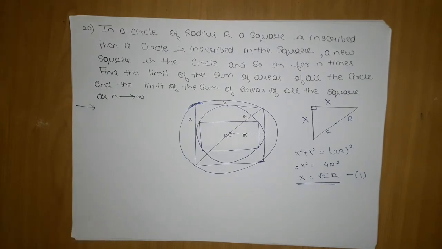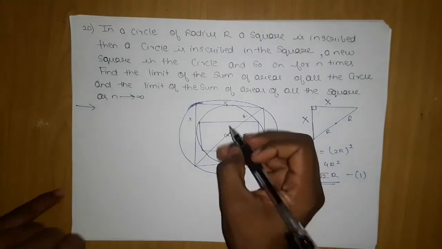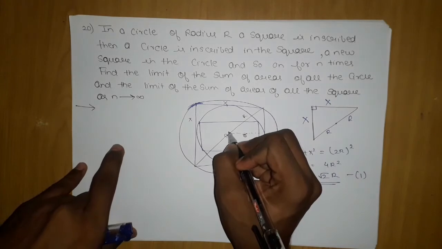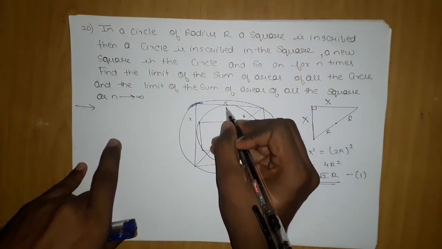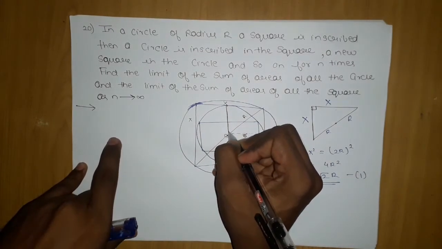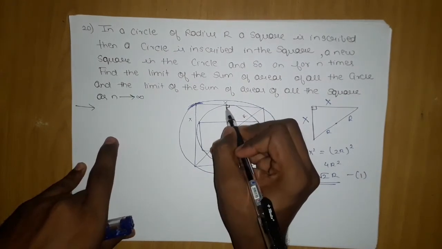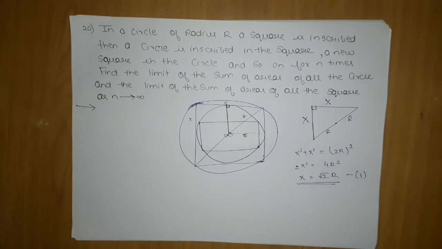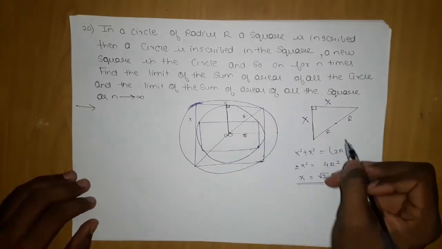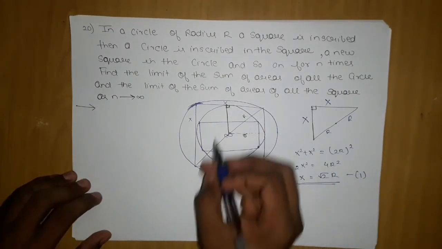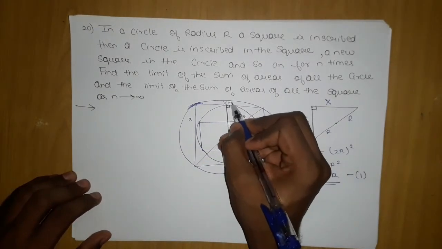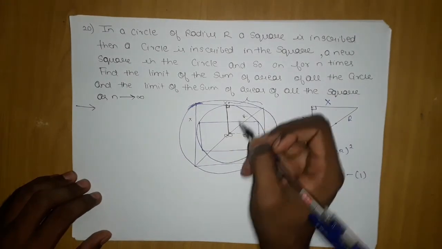You know the property that when we draw a line from the center to a line which is tangent to a circle, it is always perpendicular and it bisects. So if this length was root 2 r, then this length will be half of it.